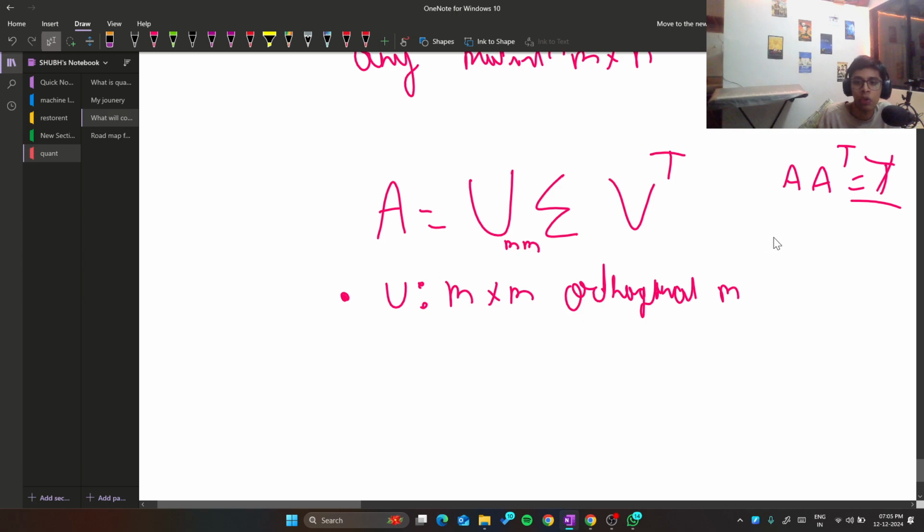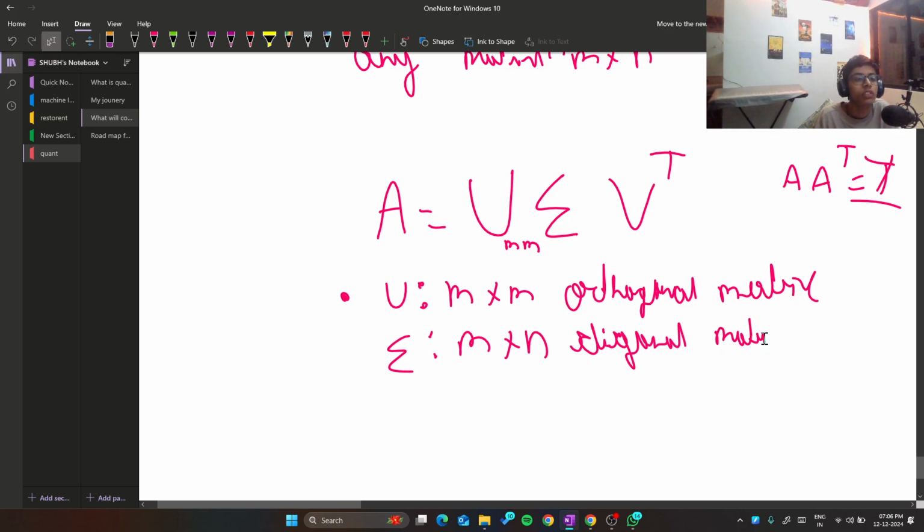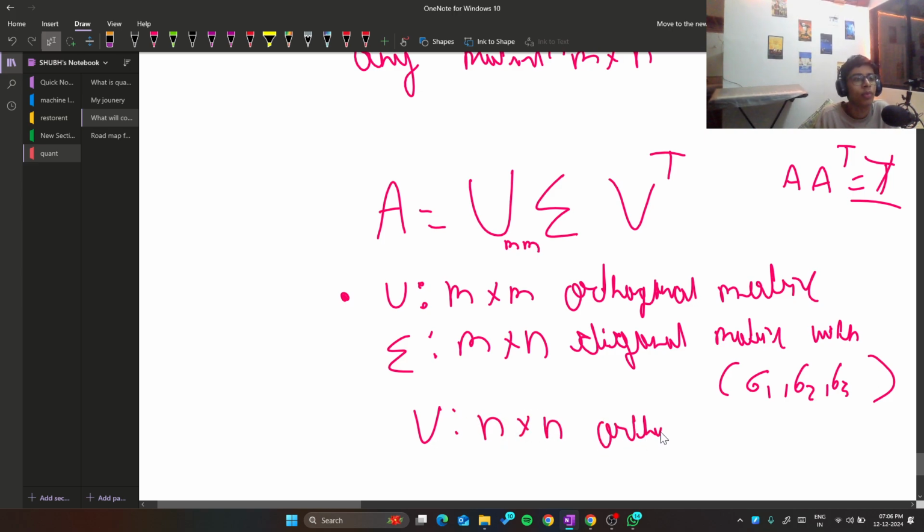Sigma is an m into n diagonal matrix with the singular values, like sigma. And V is also an orthogonal matrix.